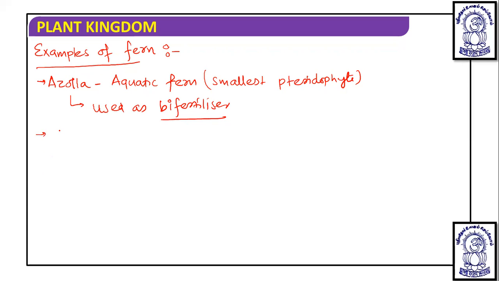Another example kept here is Adiantum. Adiantum is an important example of this group, as it is known as walking fern.